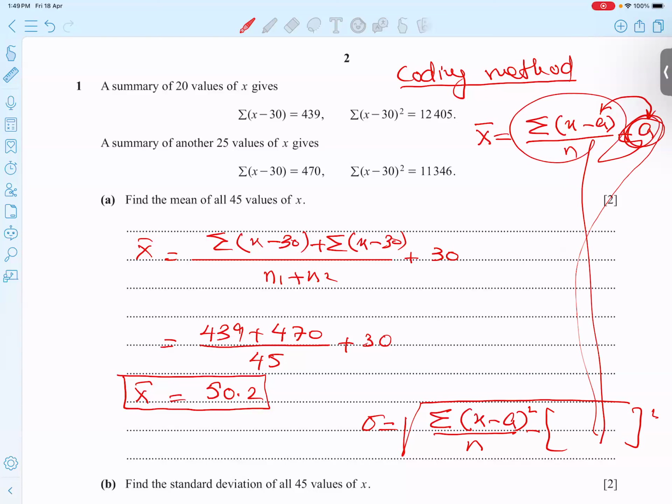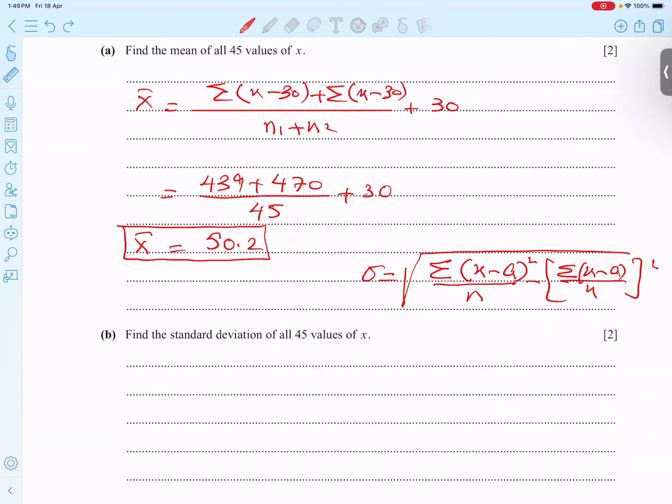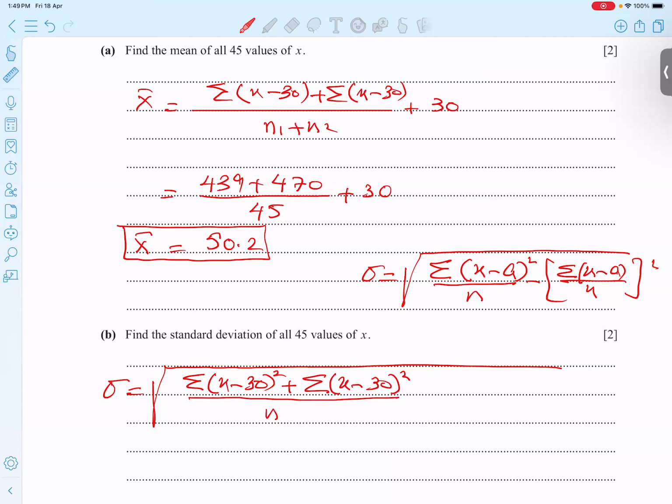So sigma, what I will say here. So I'm writing here sigma x minus 30, so I have my first 25 values, sorry, square. And sigma x minus 30, next 25 values, by n1 plus n2 and minus.